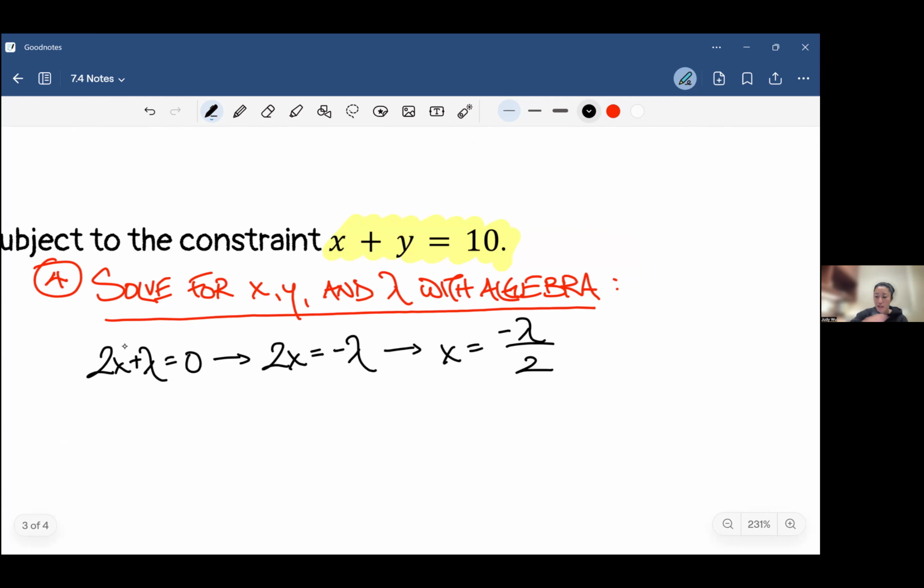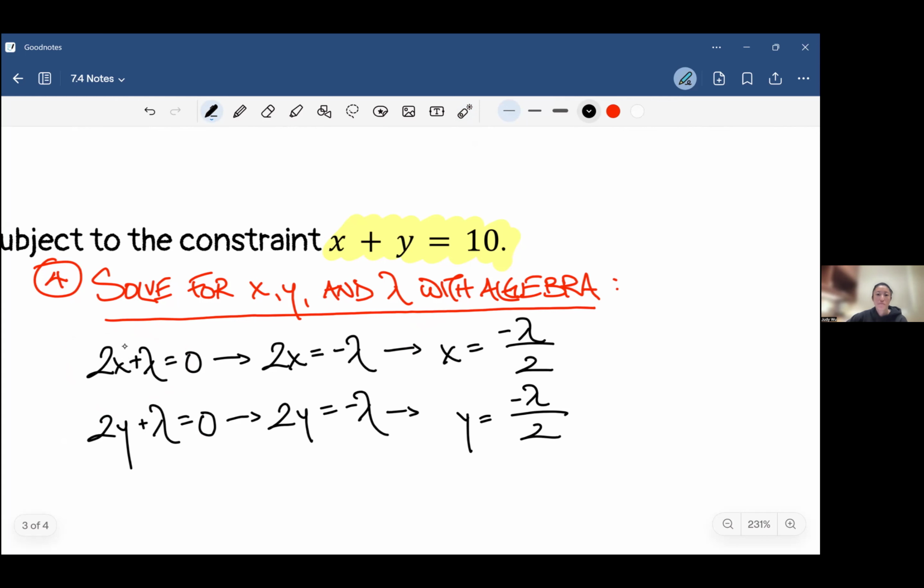So I've taken my fx equation and I've just gotten the x all by itself. And now I'm going to do the same thing with the fy equation. So 2y plus lambda equals 0, 2y equals negative lambda, and y equals negative lambda over 2.